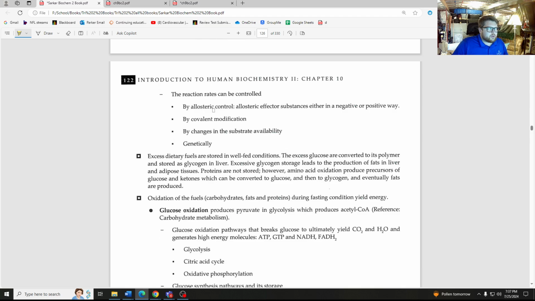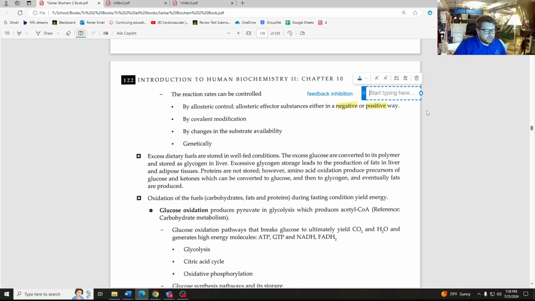Reaction rates can be controlled. There's allosteric control, either boosting it, inhibiting it, negative, or encouraging it with positive. So if it's negative, we refer to that as feedback inhibition, or negative feedback.